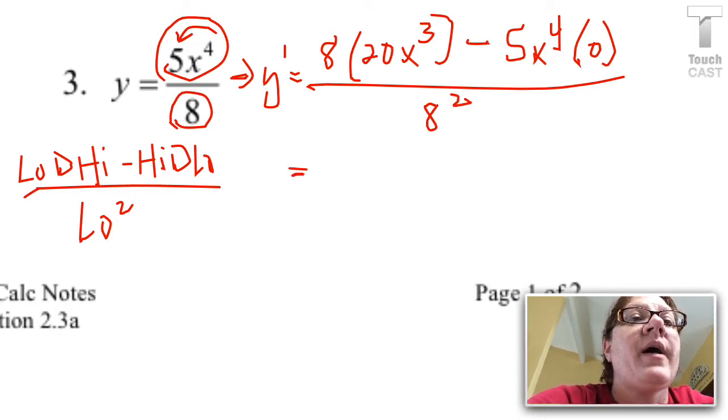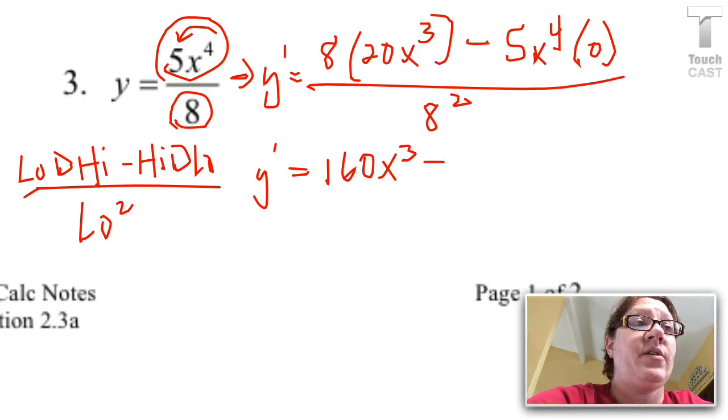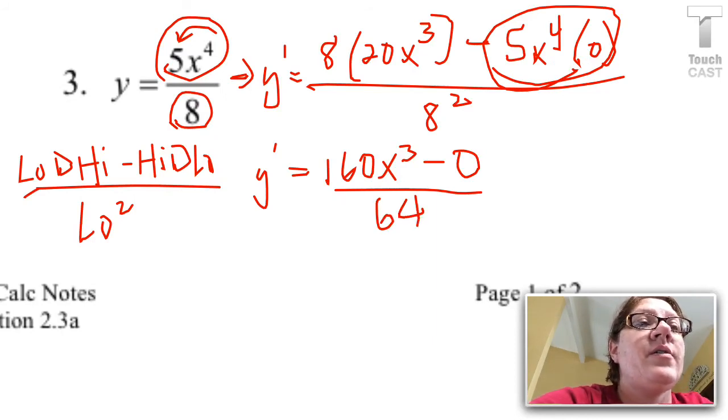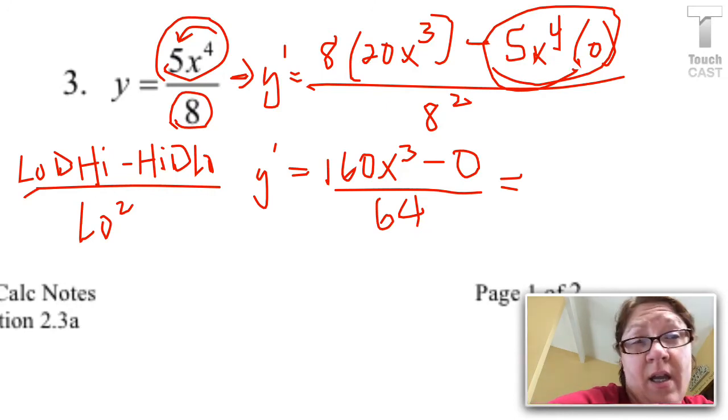So then when I simplify, the first thing is going to be 160x cubed minus, that's going to turn into 0, all over 64.